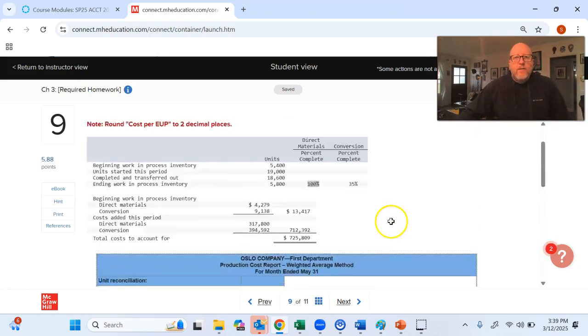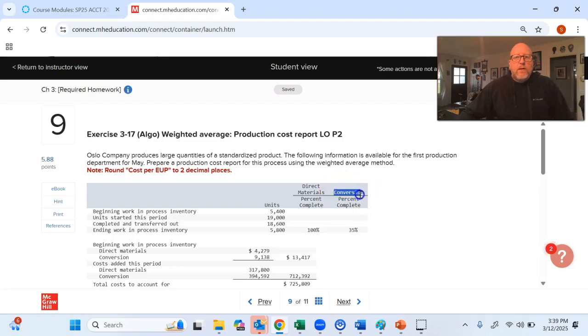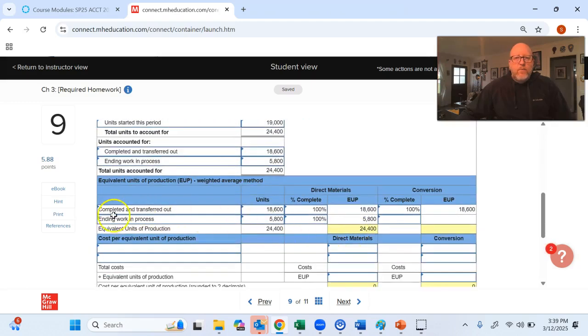Okay, conversion costs. With respect to conversion costs, my ending work in process is 35% complete. Therefore, the total conversion units of production are 20,630, and that's different than materials' number of equivalent units because everything is finished with respect to material.